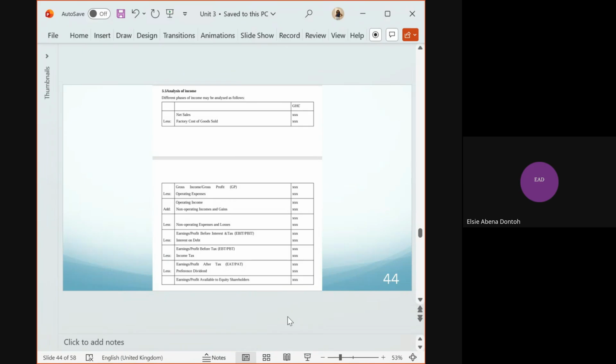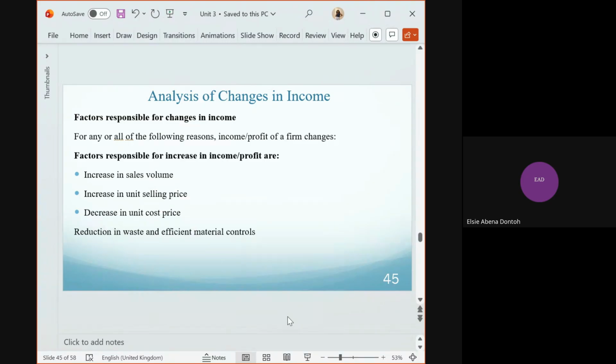You less non-operating expenses and losses, you get earnings or profit before interest and tax. Less interest on debt, you get earnings or profit before tax. Less income tax, you get earnings or profit after tax. Less preference dividend, and then you get your earnings or profit available to equity shareholders.